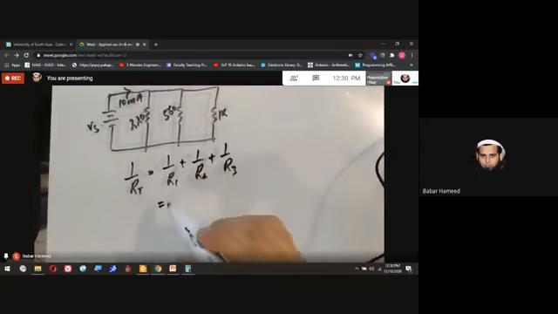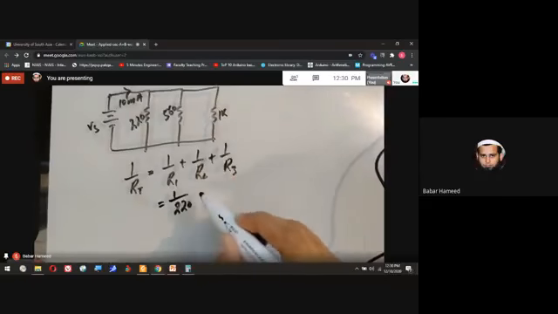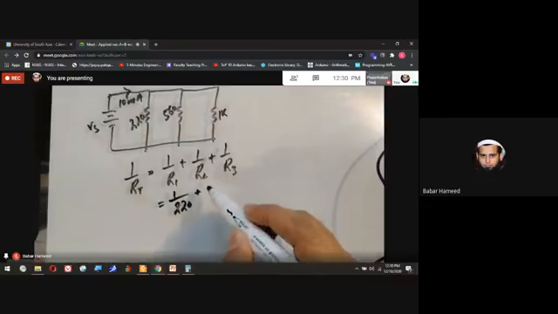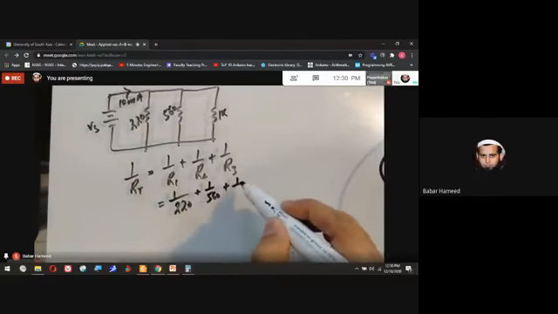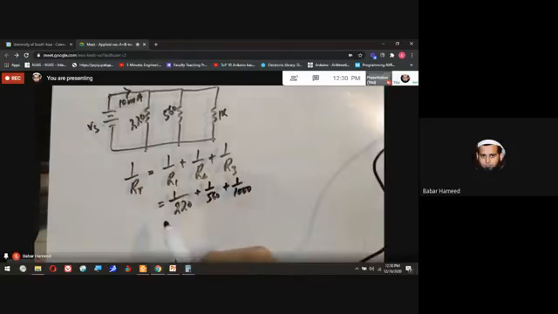And 1 over R1 is 1 over 220, plus 1 over R2 is 1 over 560, plus 1 over 1000. So I can find out 1 over RT is equal to 1 over 220. We have to calculate again.